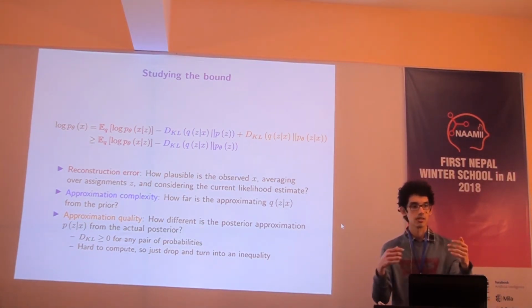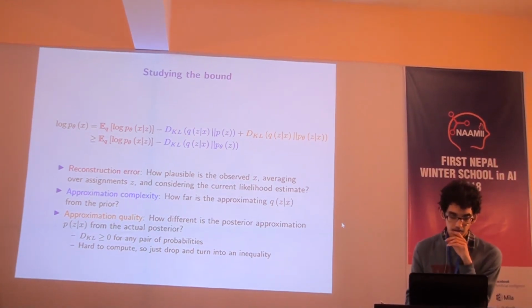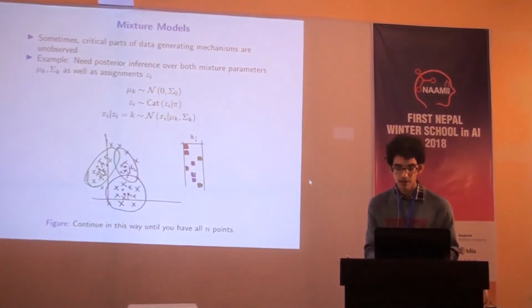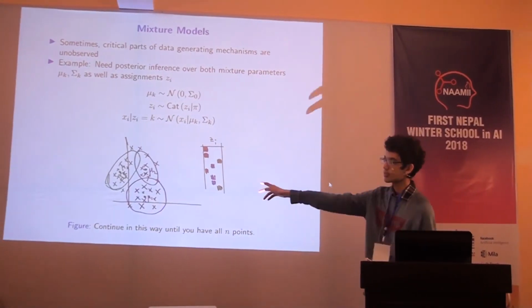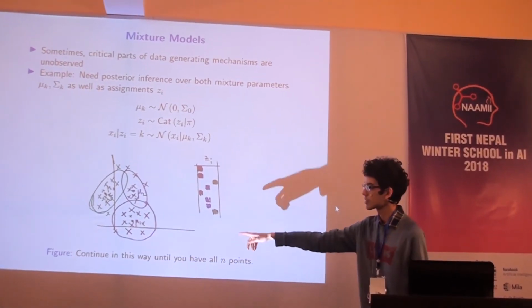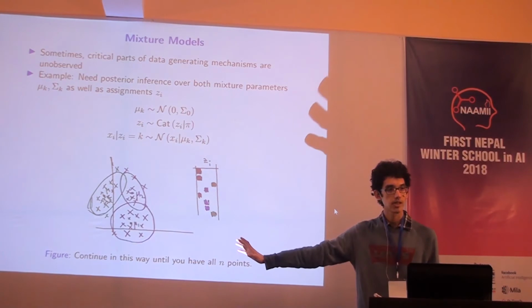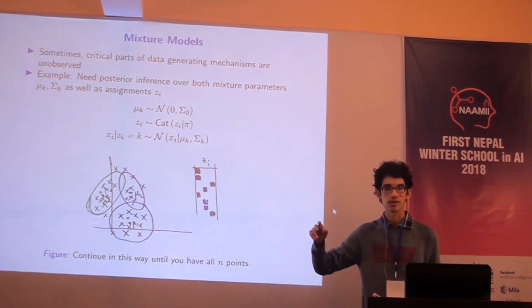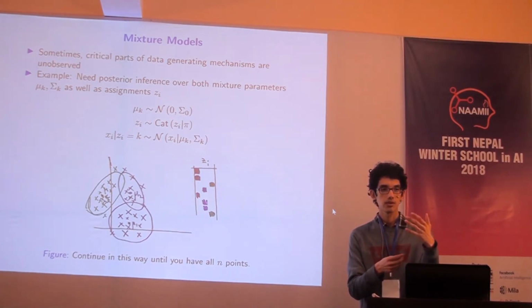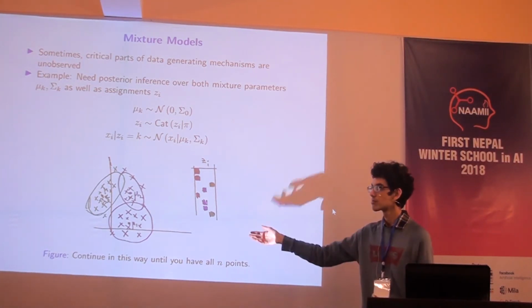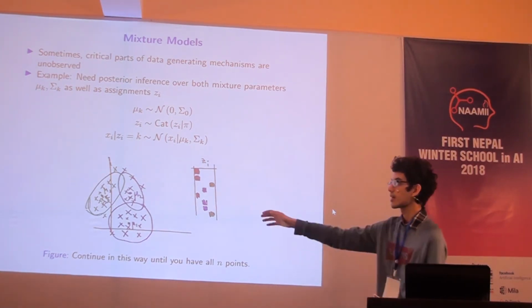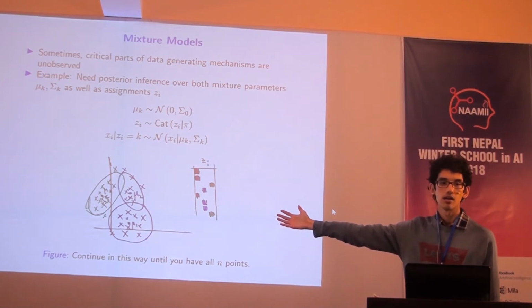So maybe one way to understand this is in this Gaussian example, this configuration has very high probability. If I'm assuming that all these points in the bottom right belong to one class and all these points on the top left belong to another class, the reconstruction is very good. Because when I generate points from that configuration, I would expect to see something just like this. But let's say I had randomly assigned the Z_i's across these points, right?